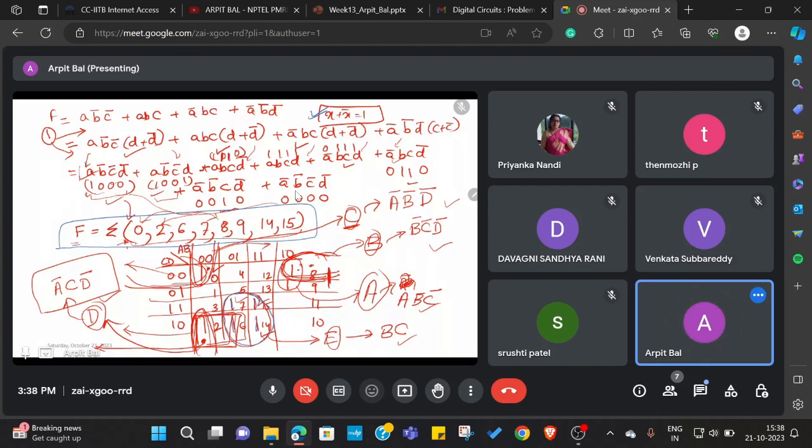Similarly I see 2 ones are present here, 1 is present here, so I club these 2 in one group, then I club this one and this one in one group. So I list all the prime implicants that are present, and I see which prime implicant is essential. And accordingly I solved this question.